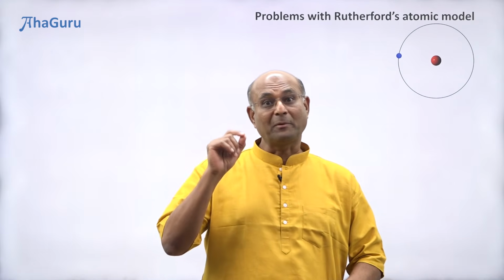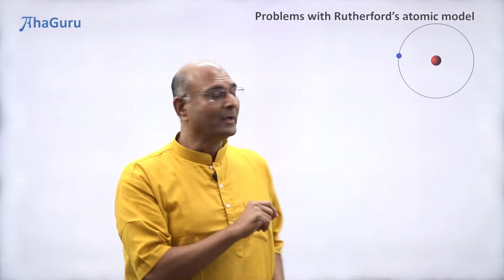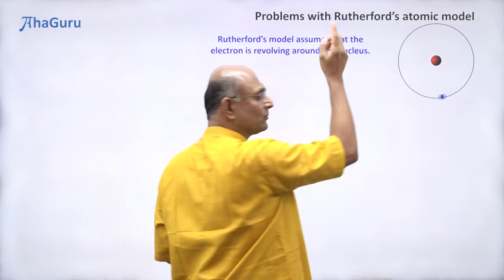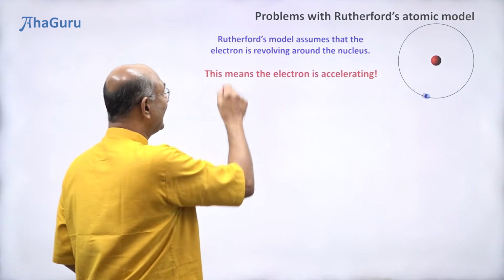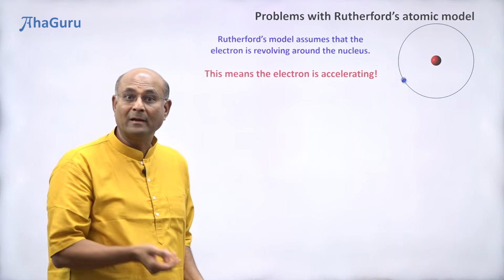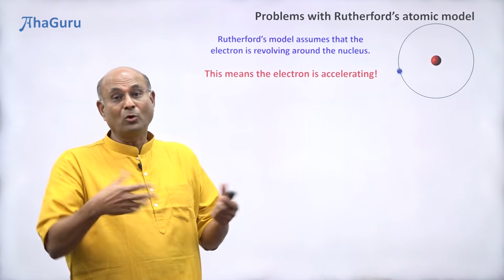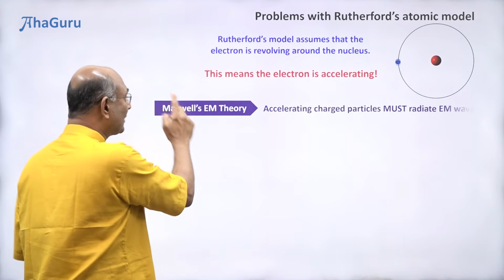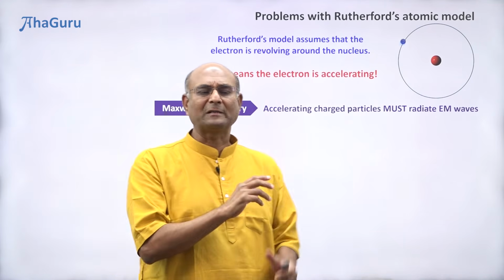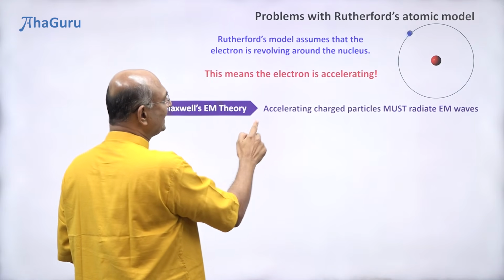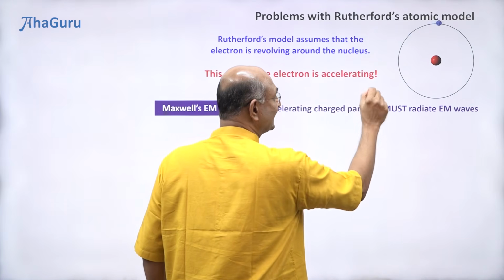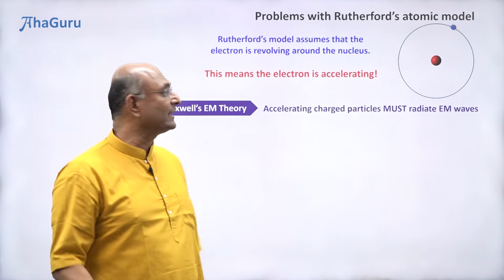Let us now understand some of the problems with Rutherford's model. Rutherford's model proposes that the electron is revolving around the nucleus. This means the electron is accelerating. It has a centripetal acceleration. What is the problem with that? Well, in mechanics there is no problem, but Maxwell's electromagnetic theory, which was very well studied and had a lot of experimental evidence, showed very clearly that any accelerating charged particle must necessarily radiate electromagnetic waves.